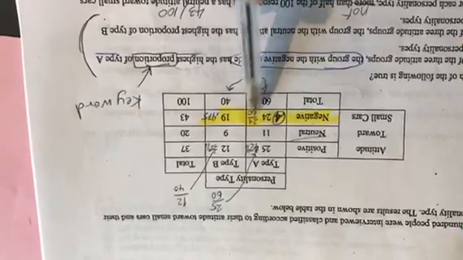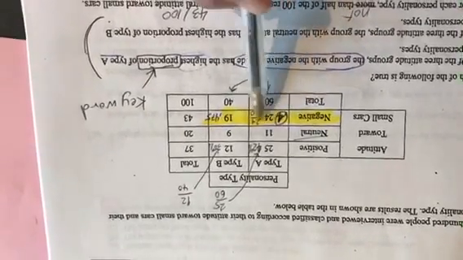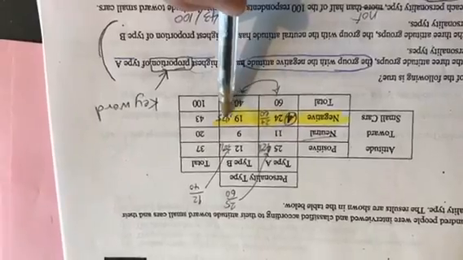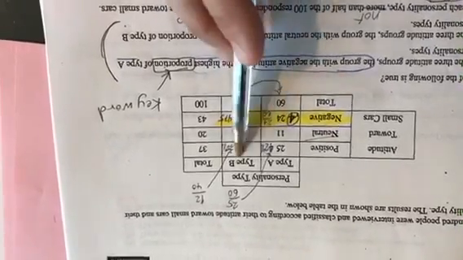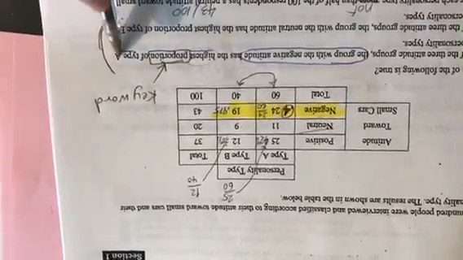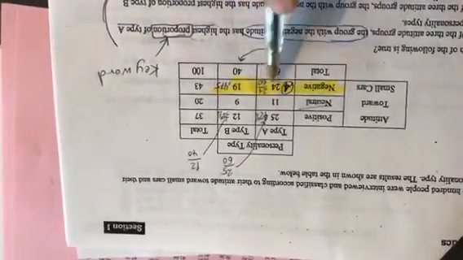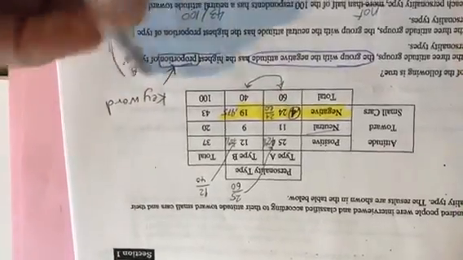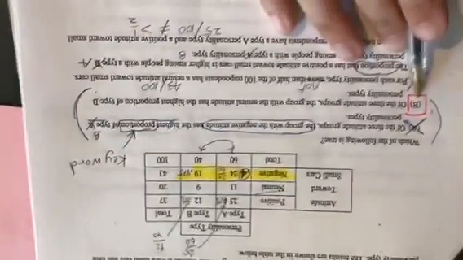The proportion, 40%, or 24 over 60, are type A. And 47% of the type B people said negative. So the highest proportion, when I compare 0.4 to 0.7, is B.